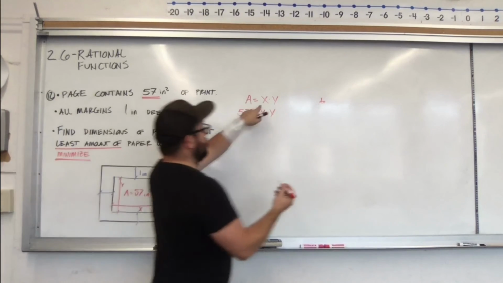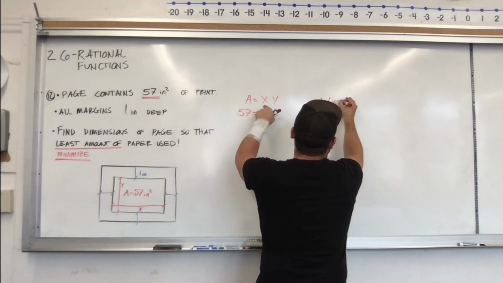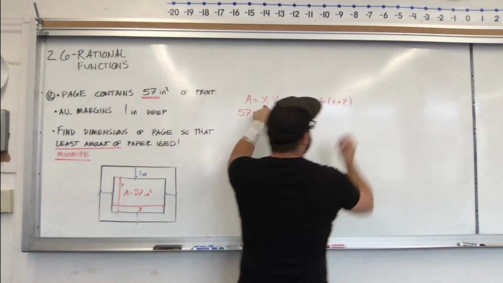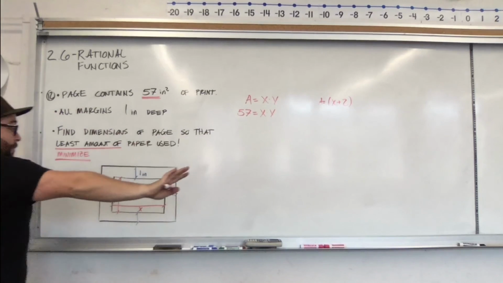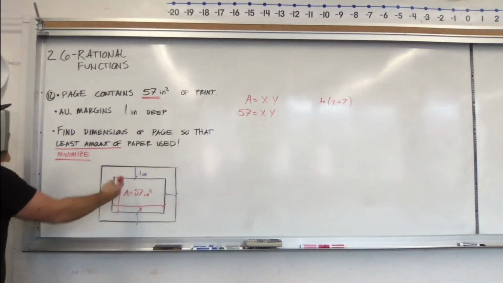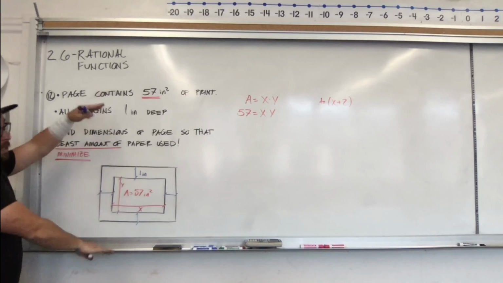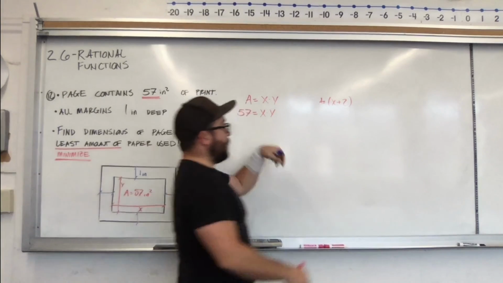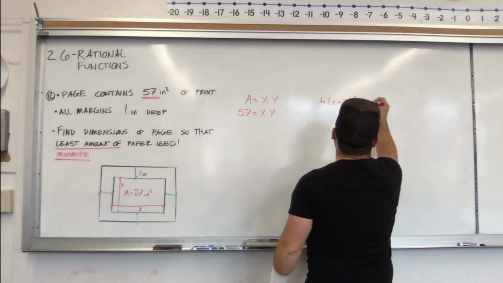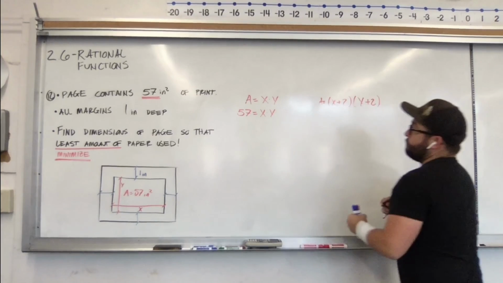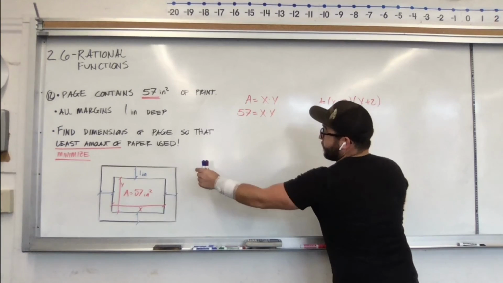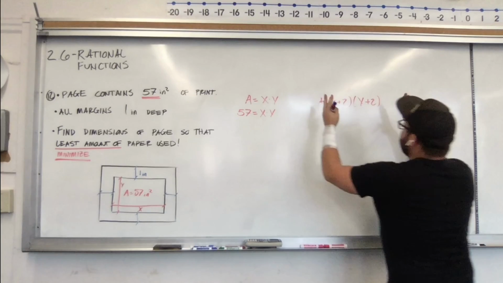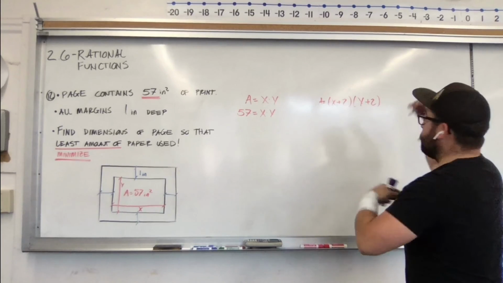So our original x measurement is now going to be increased by not 1, but 2 inches, right? 1 to the right, 1 to the left. And then similarly for the y, y is going to be increased by 2 as well, 1 inch up top and down below. So if we have our original area inside the page, the area of the entire thing is just including those margins for us.